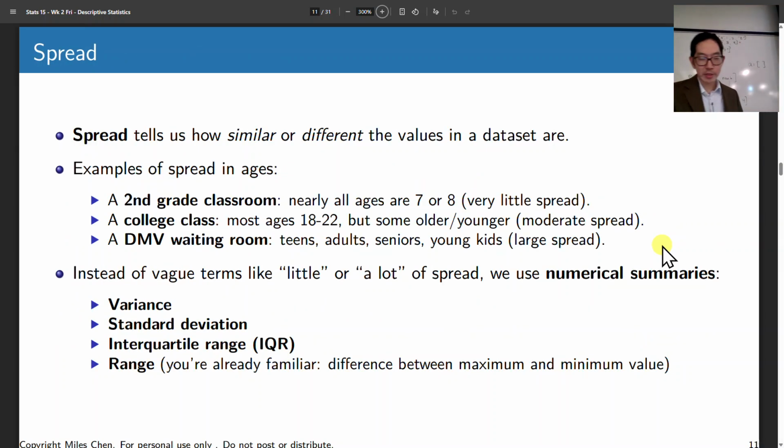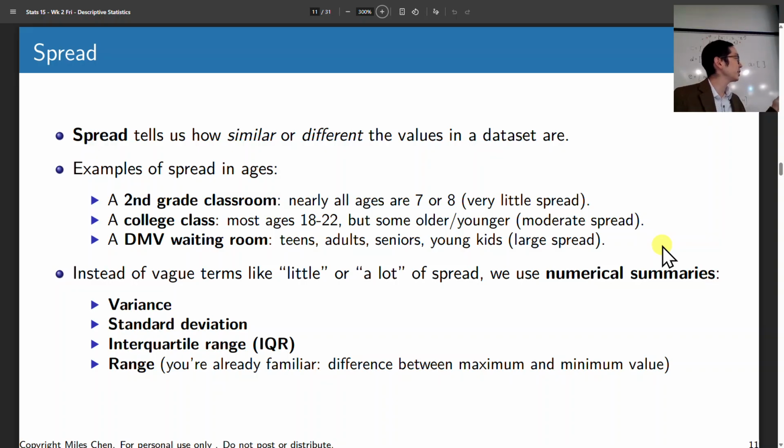Okay, another important aspect that we want to talk about and describe when we're describing our data is spread, okay? Spread is the idea of how similar our values are to each other or how different the values are from each other, okay? So just some examples.